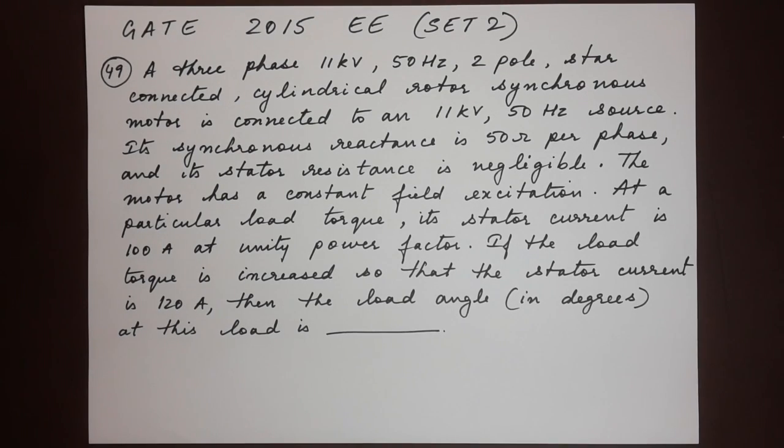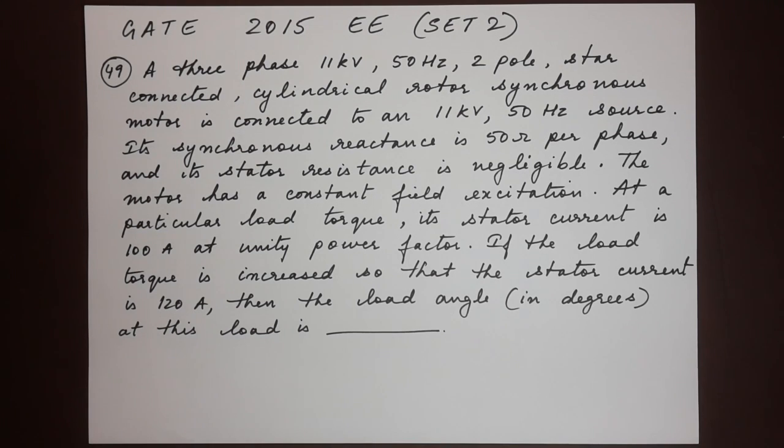Here's the next question, number 49. A three-phase 11 kV 50 Hz two-pole star-connected cylindrical rotor synchronous motor is connected to a 11 kV 50 Hz source. Its synchronous reactance is 50 ohms per phase and its stator resistance is negligible.